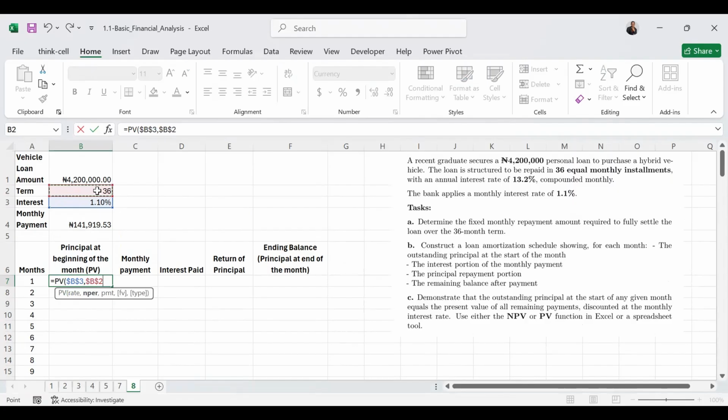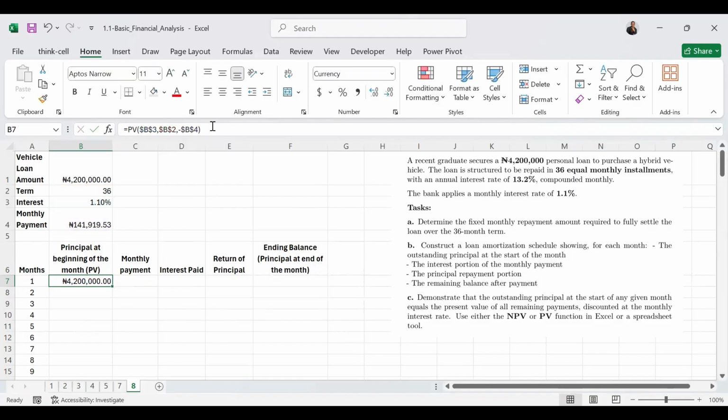I'll also make it absolute. Then my PMT is this monthly payment. I will make it absolute as well, and then enter a negative in front of it. And it gives me this 4.2 million.